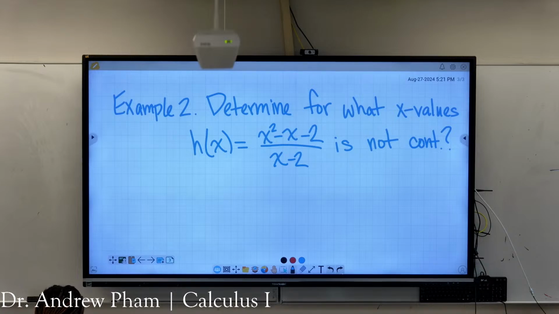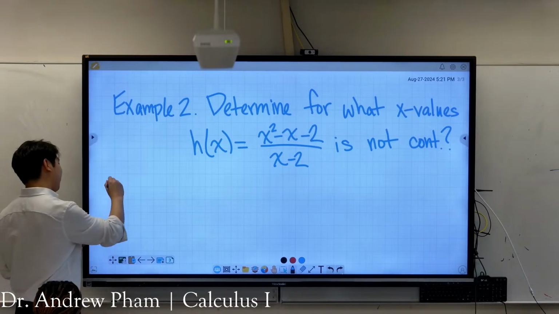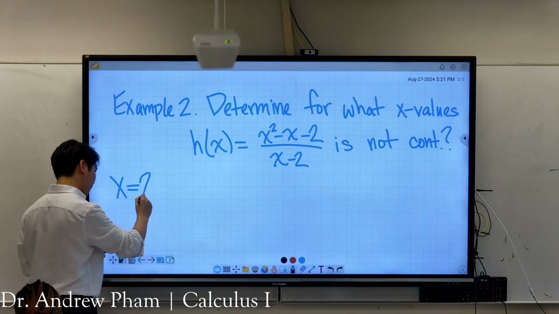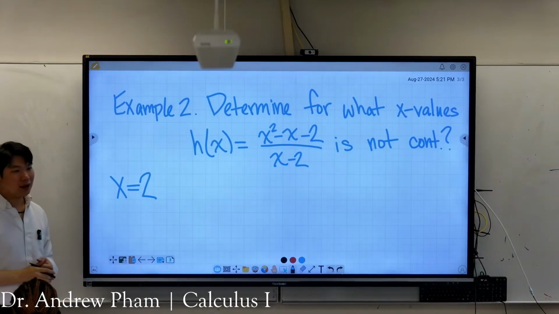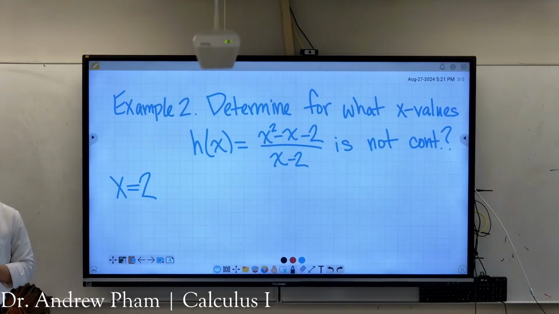We would get 0 on the bottom. Let me write that down first. I'm going to make the claim x equal to 2 is going to cause a problem. And we can see that. If I try to plug in 2, I get 0 on the bottom.